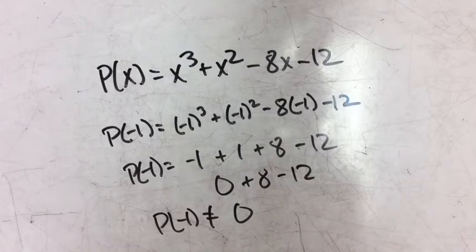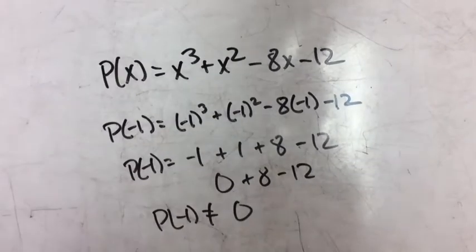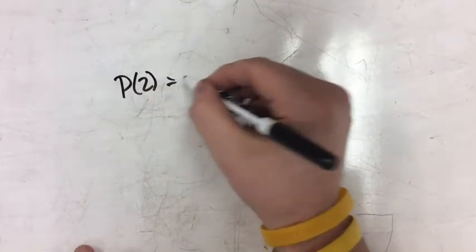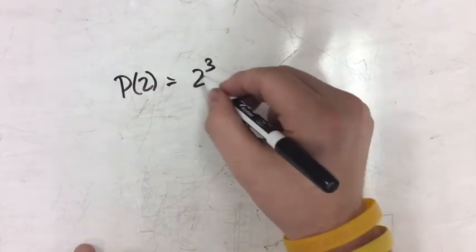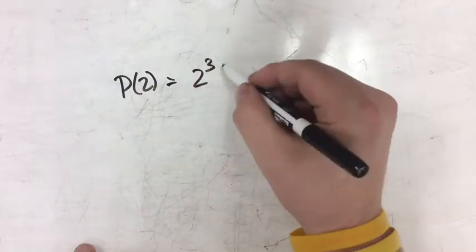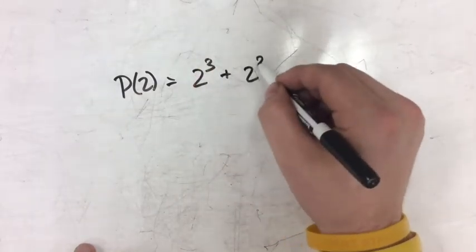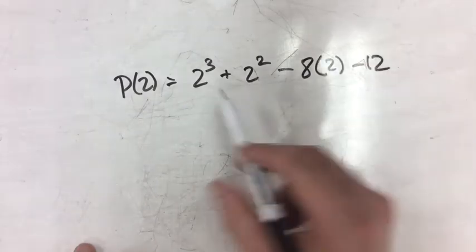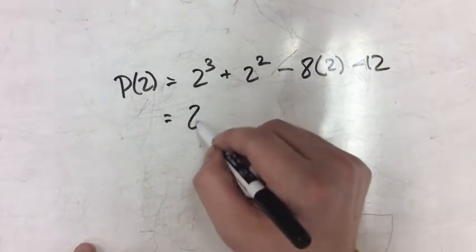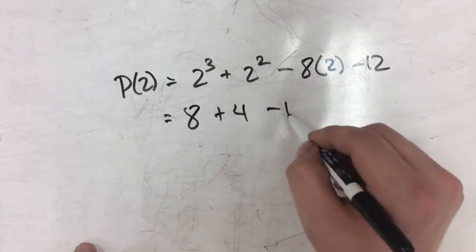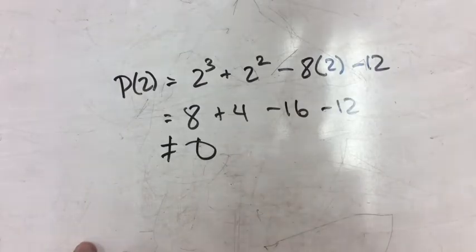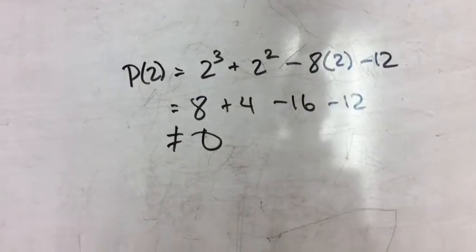Therefore, negative 1 is not a factor. Let's keep going. 2 was our next thing on the chain. So we say p of 2, and that equals 2 cubed plus 2 squared minus 8 times 2 minus 12. This equals 8 plus 4 minus 16 minus 12. I can already tell you from here this does not equal 0. So 2 is not a factor.